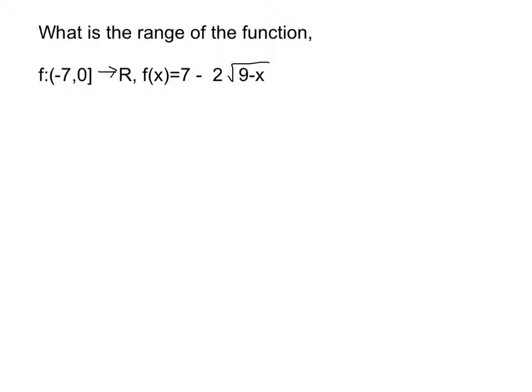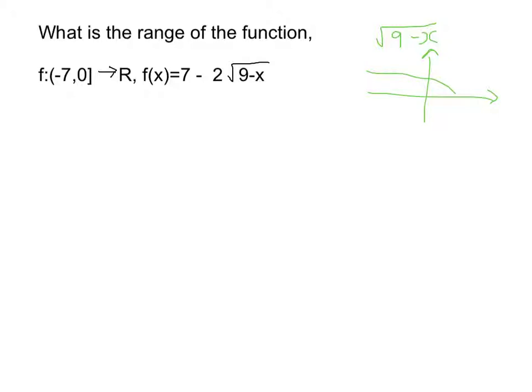Now to give you an idea of what the graph of this will look like, we'll go through a couple of little steps. Firstly, if we consider the graph of just the square root of 9 take away x, the graph of that will look something like this.